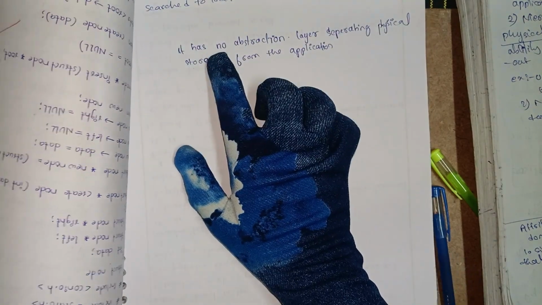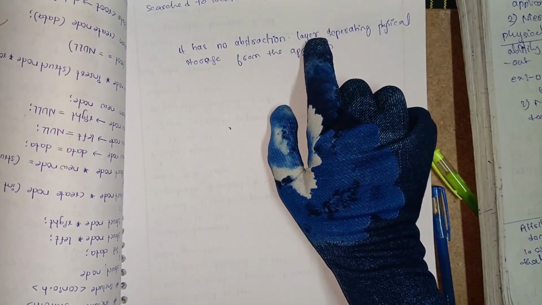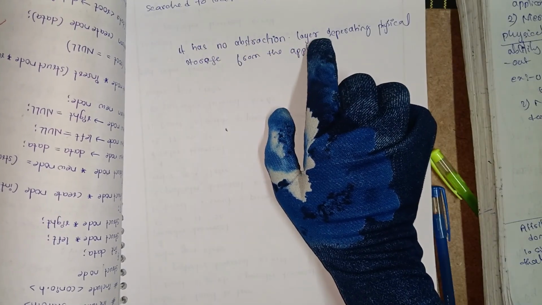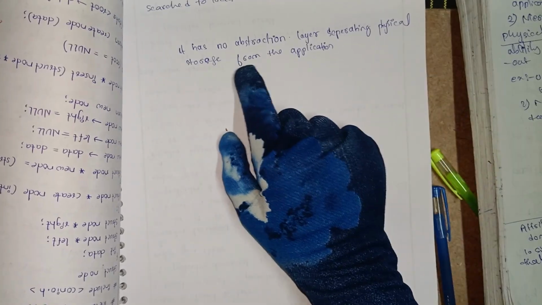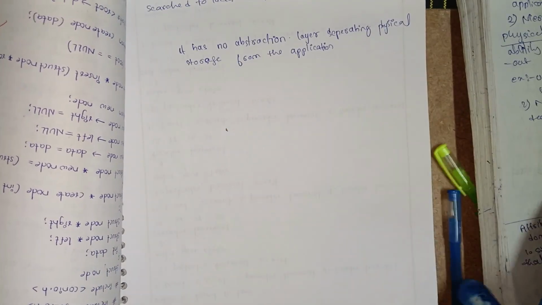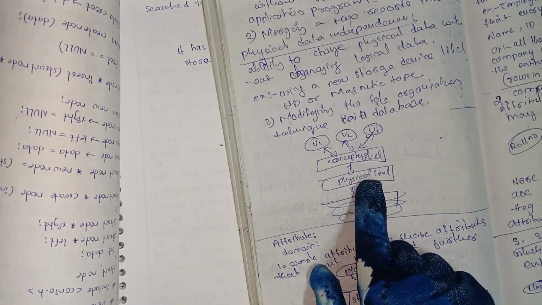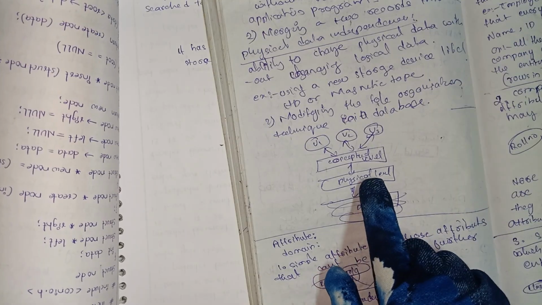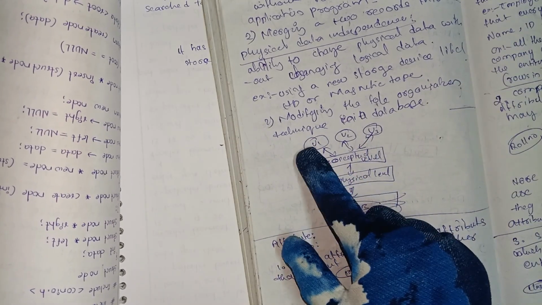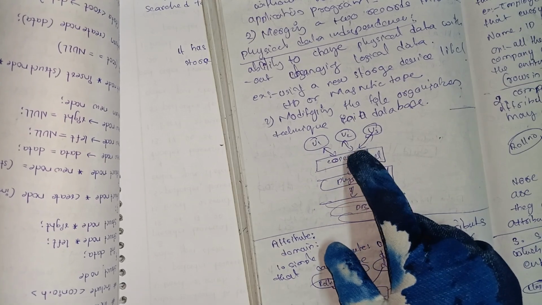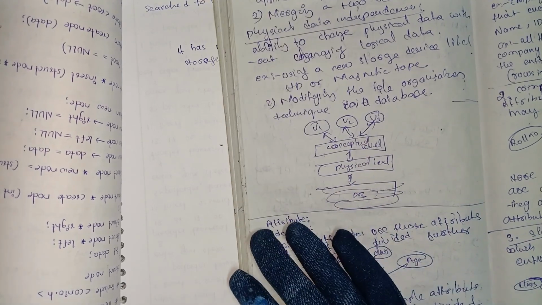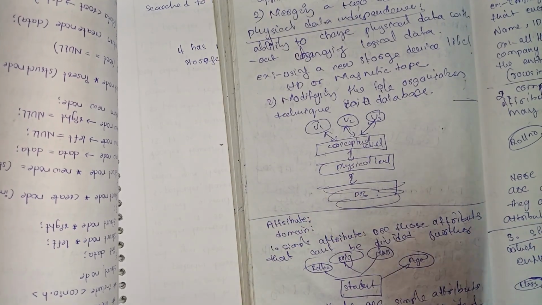The file system has no abstraction layer, meaning no hidden layer, no logical layer, separating physical storage from the application. This is the physical level, and these are the applications. So it does not have a conceptual level, and that's why it does not have data independence.